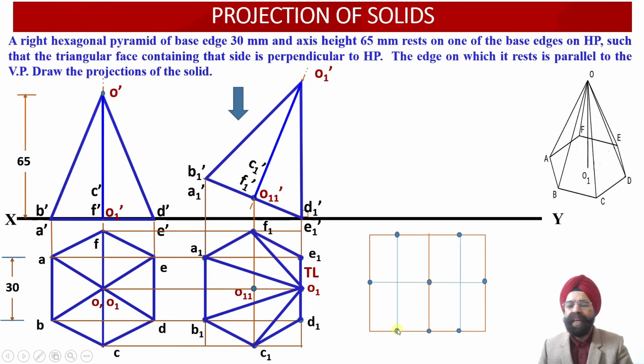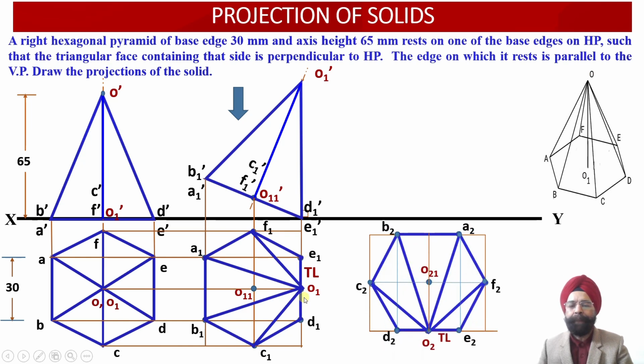where D2E2 should be parallel to the vertical plane. So earlier this D2E2, that is D1E1, happened to be perpendicular to the vertical plane. So this plan projection has been rotated by 90 degrees such that the edge of the base D1E1 onto which it was resting has now been made parallel to the vertical plane by rotation of 90 degrees.